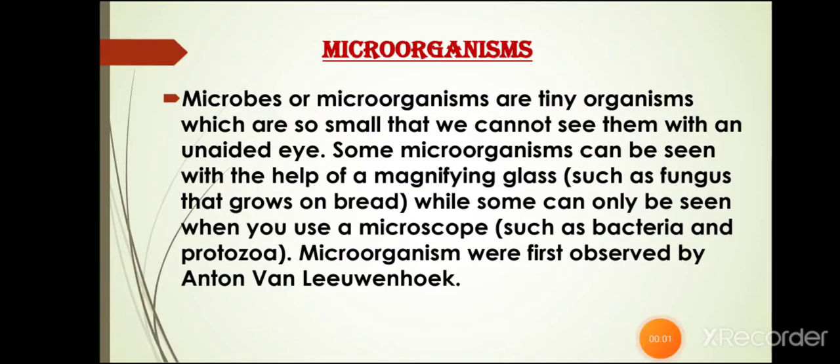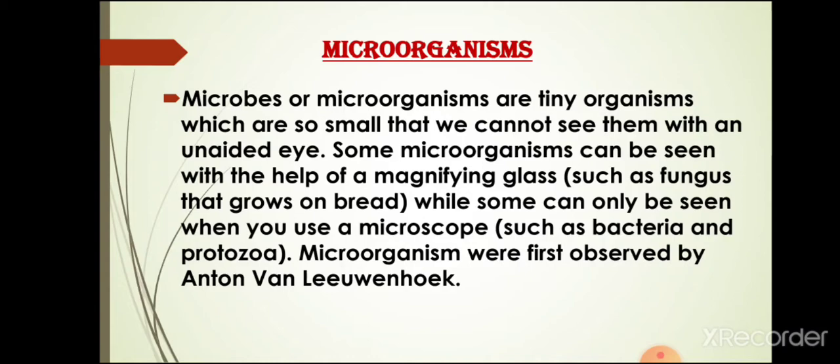If we can't see microorganisms with our naked eyes, then how can we see them? There is a device which we call a microscope. Through a microscope we can see microorganisms like bacteria, protozoa and many others. Students, the first scientist who discovered microorganisms was Anton van Leeuwenhoek.